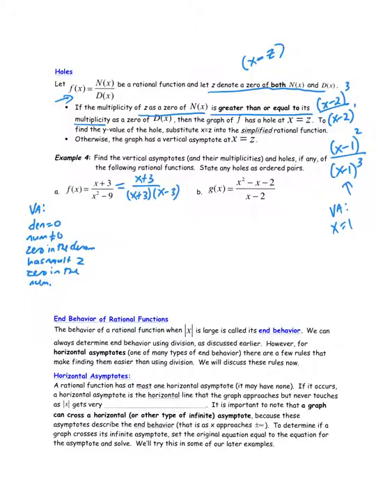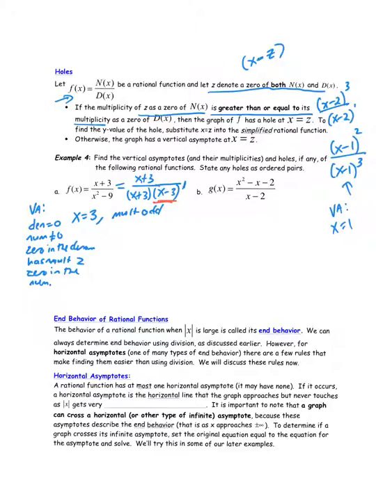Here, I'm going to have x minus 3 is a 0 of the denominator, but not a 0 of the numerator. So I'm going to have a vertical asymptote. I'm looking at this factor now, which isn't common. I'm going to have a vertical asymptote at x equals 3, and its multiplicity is going to be odd because that factor occurs just once.